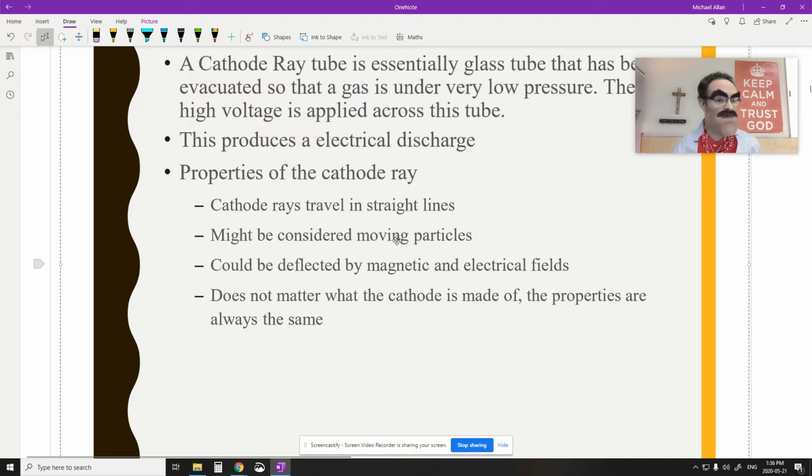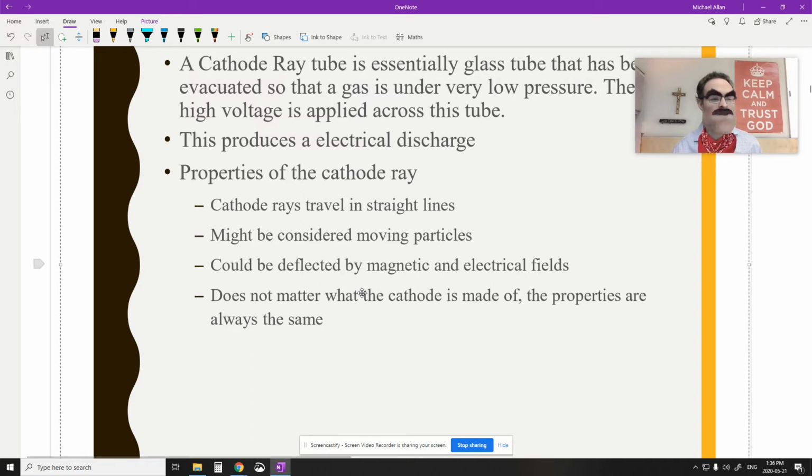They might be considered moving particles, right? They were deflected by magnetic and electric fields, so they thought they were particles, just a big beam that was coming through. It doesn't matter actually what the cathode was made of. The properties were always the same. So this helped us come to a conclusion that if I use a gold cathode or copper cathode, aluminum cathode, or any type of metal cathode, I always seem to get the same cathode ray that comes out of these things.